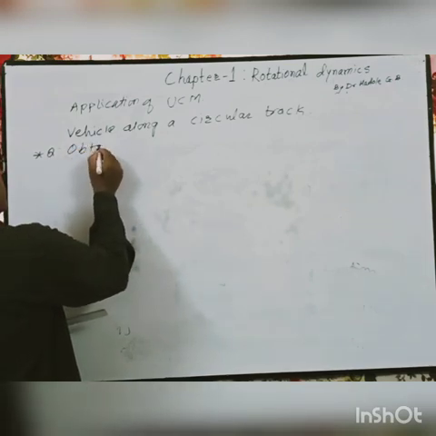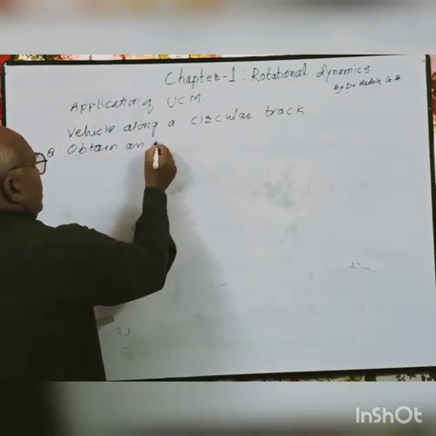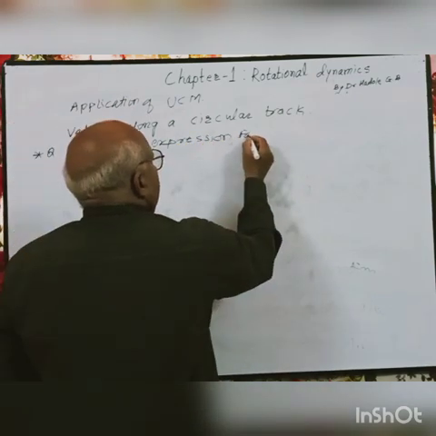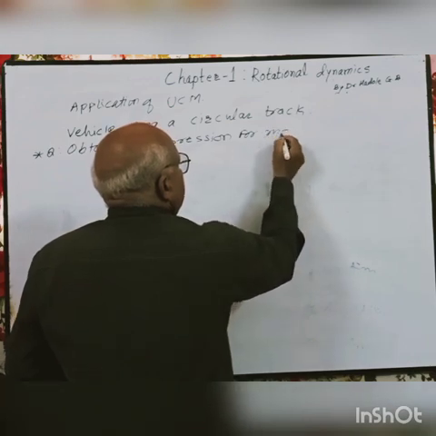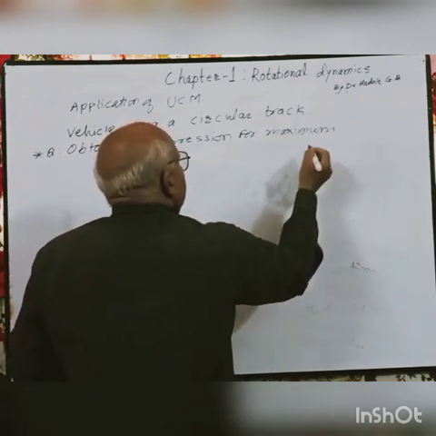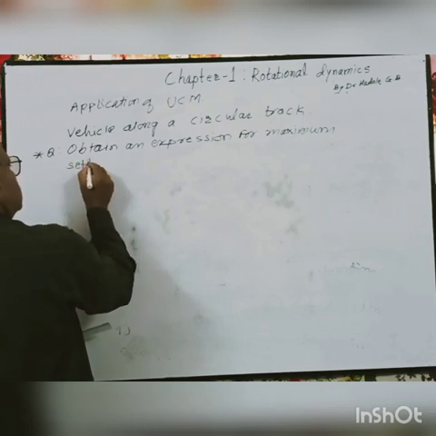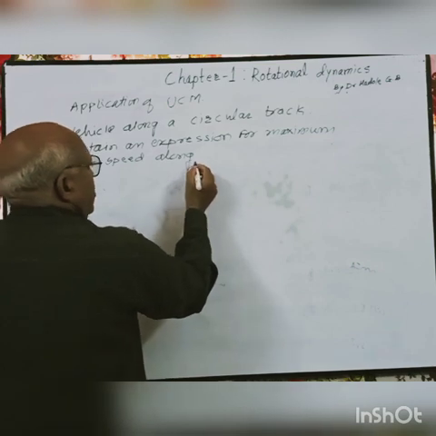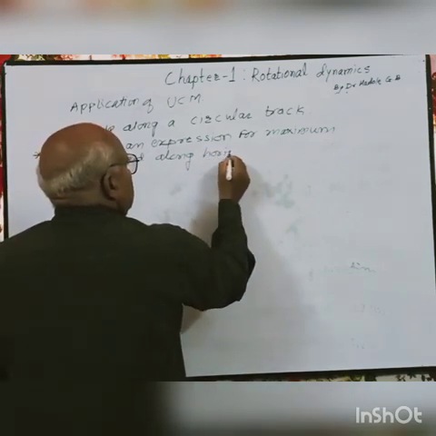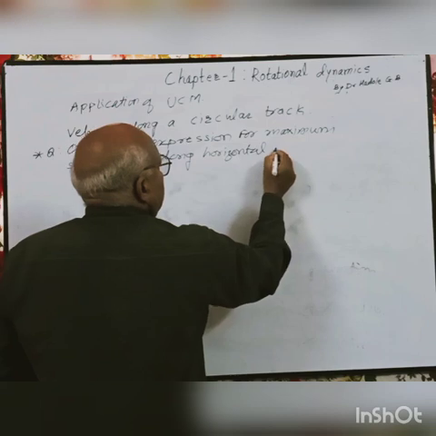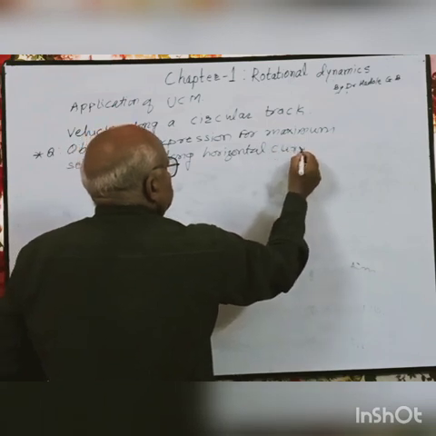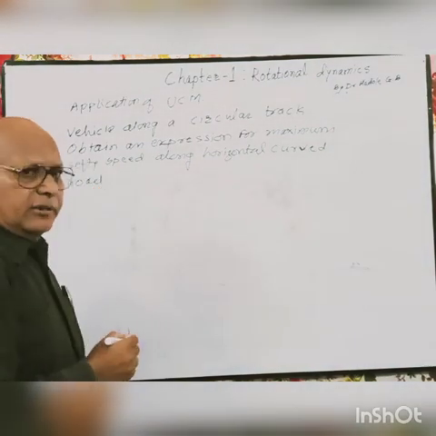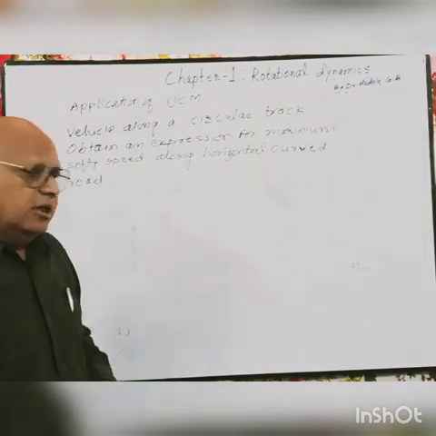Obtain an expression for maximum safety speed along a horizontal curved road. To answer this question, let us draw this diagram.